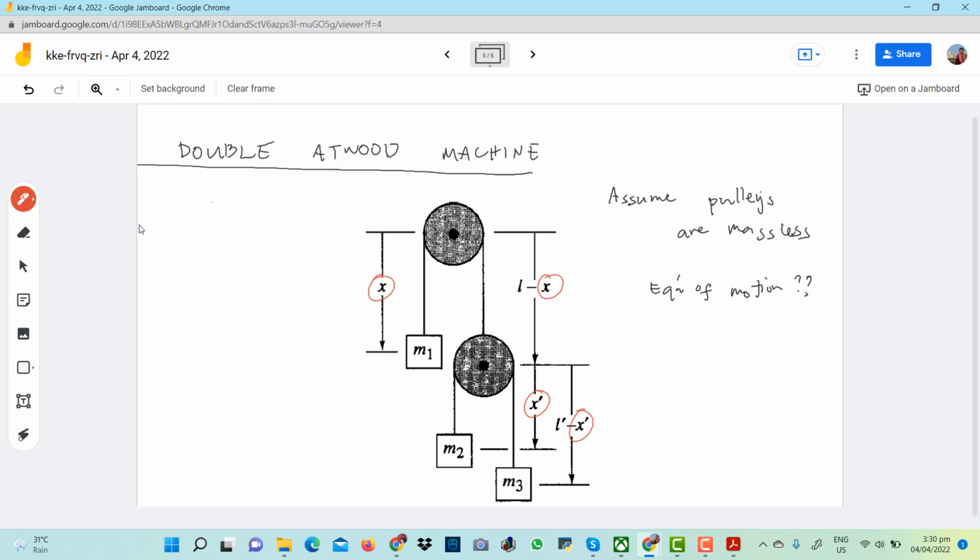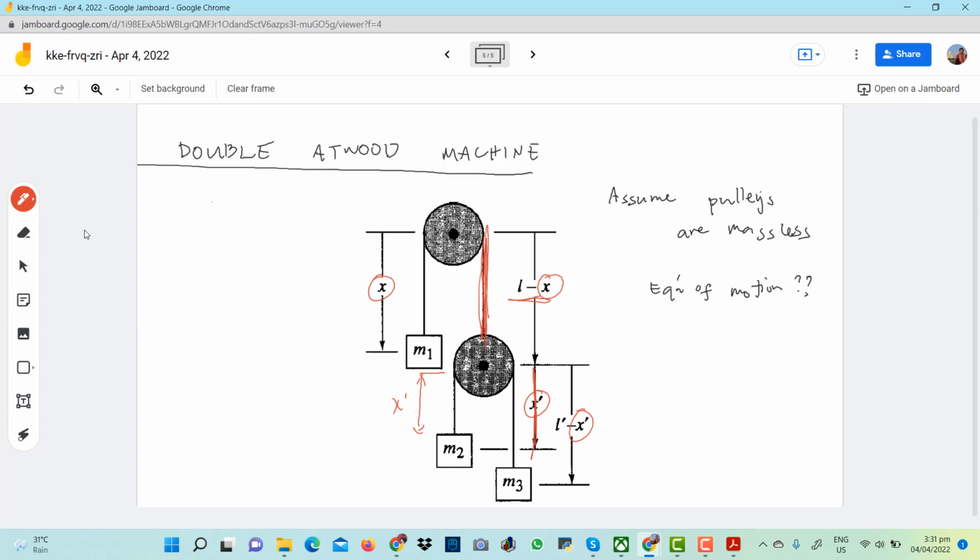If the location of my M1 is x, then the location of the second pulley must be equal to L minus x, since the first string has length L. Then the location of M2 is x prime, and M3 is L prime minus x prime.